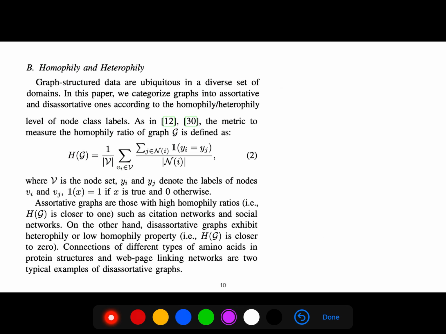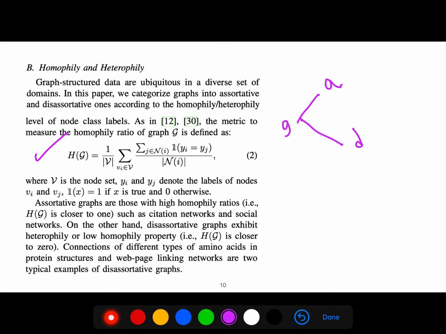So we have a measure for the homophily ratio. We categorize graphs into associative and disassociative ones according to homophily and heterophily.